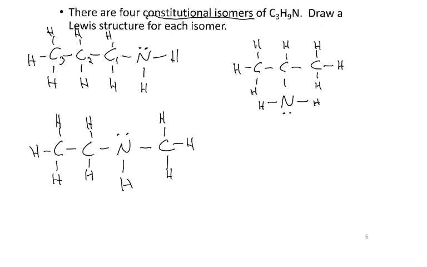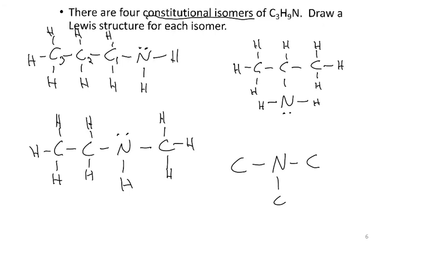All right, and then to get our last structural isomer, what we can do is rather than having these 2 carbons connected, I can have nitrogen connected to 3 carbons. Right, nitrogen wants 3 bonds and a lone pair.